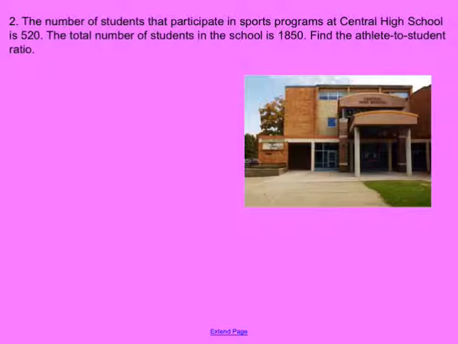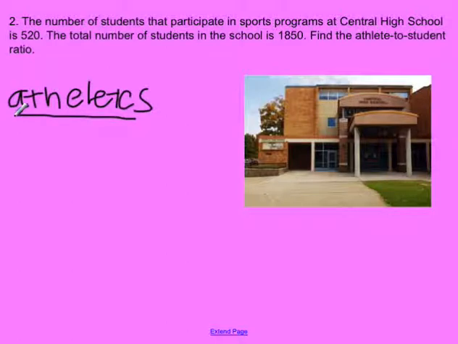The number of students that participate in sports programs at Central High School is 520. The total number of students at the school is 1,850. Find the athlete to student ratio. So what we want to have here is our athletes on top, and our total students on the bottom.